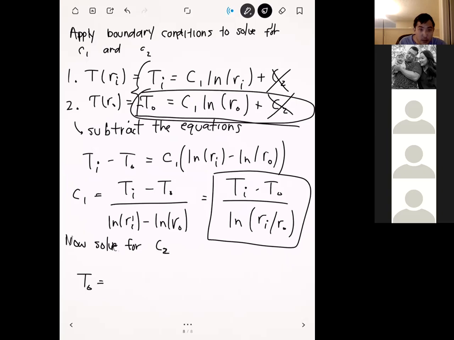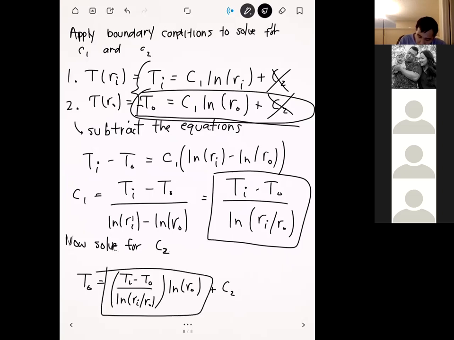And so this is going to be Ti minus To divided by ln of Ri divided by Ro, times ln of Ro plus C2. And then now we can just subtract both sides by this quantity that I have squared here in order to solve for C2.